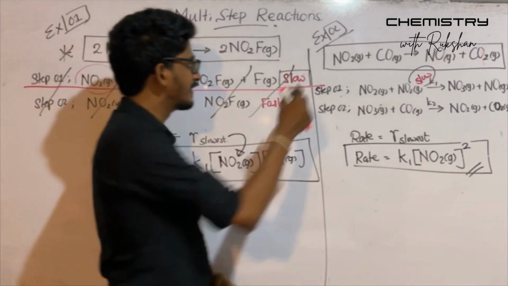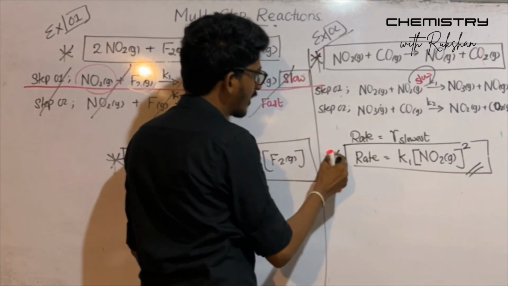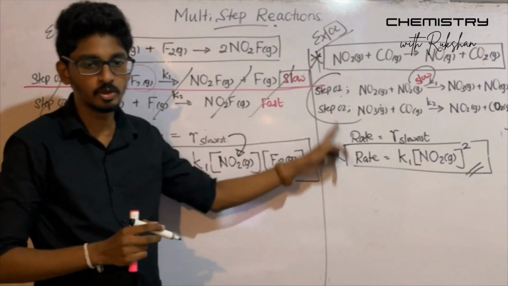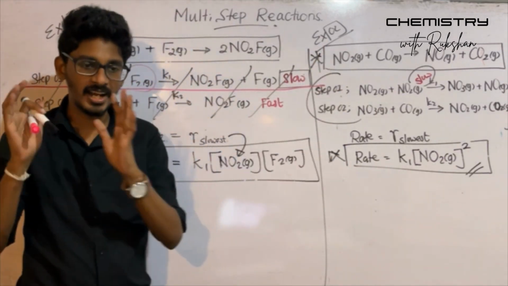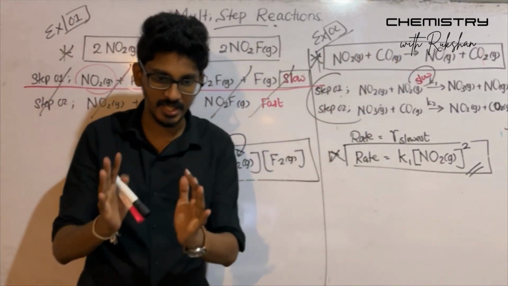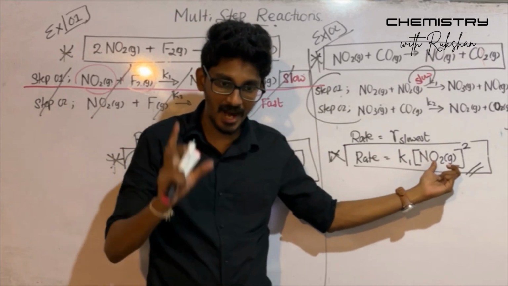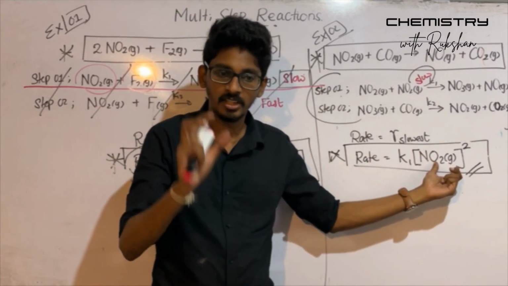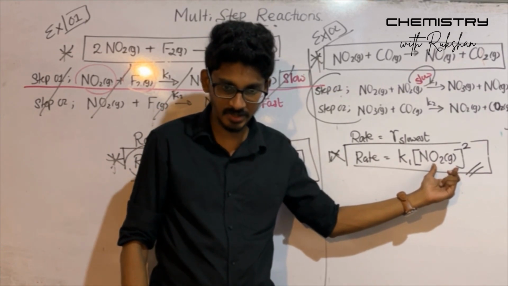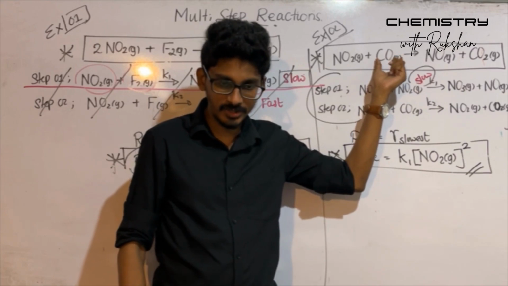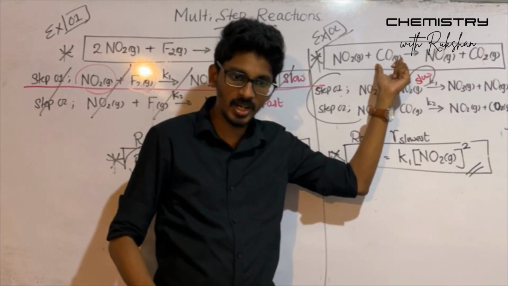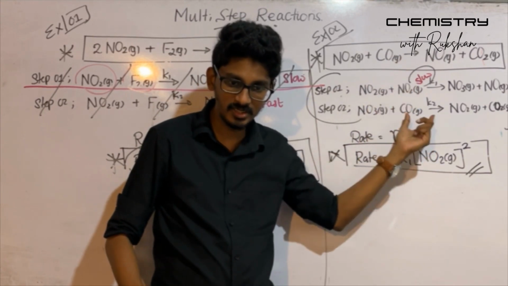By just looking at these two, even without the knowledge of the mechanism, what can you say? You can say two NO2 molecules are participating in your reaction at the slow step or prior to that, and the CO molecule participates in the reaction after the rate determining step.